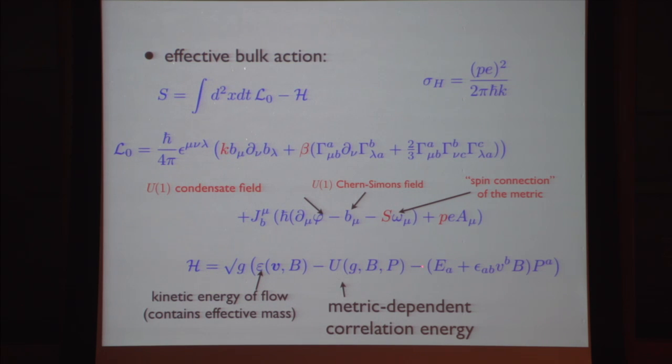There has to be a coupling to the polarization field, which is really just in the rest frame, the co-moving frame of the composite bosons, which are moving at velocity v. And there'll be a kinetic energy term, which in general will contain this background field related to the mass tensor.